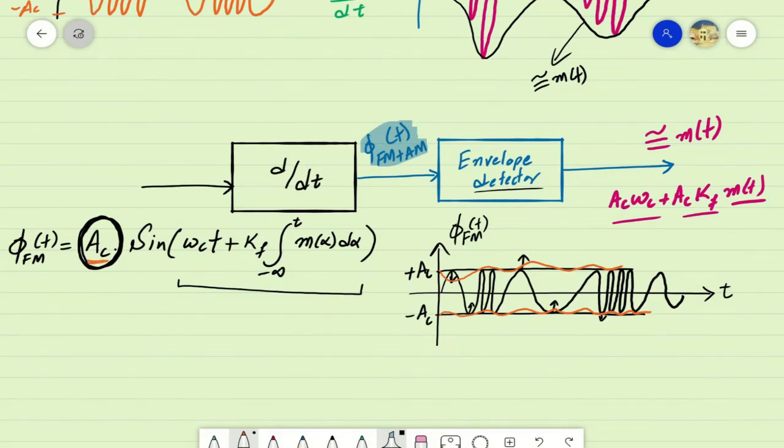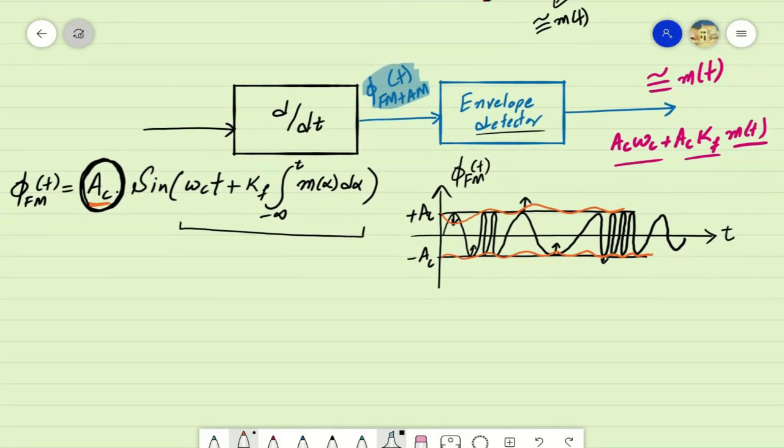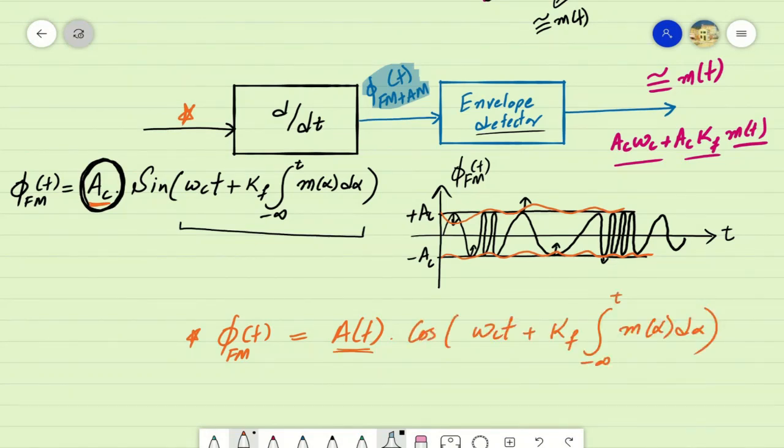So if the peak amplitude is not a constant number, that is, we have received a frequency modulated signal at the receiver whose peak amplitude is also a function of time. While ideally this peak amplitude should be a constant number, that is AC, practically we may experience it as time varying, imposed by different noises or any other distortions experienced in the hardware or during the propagation through the wireless channel.